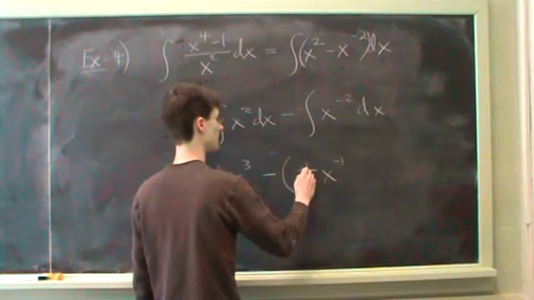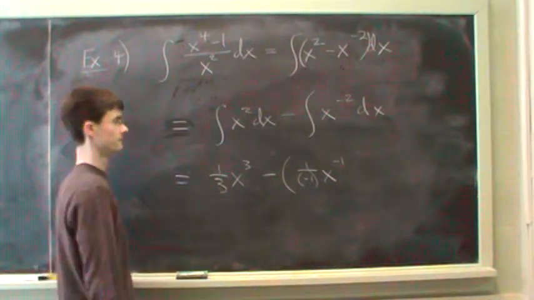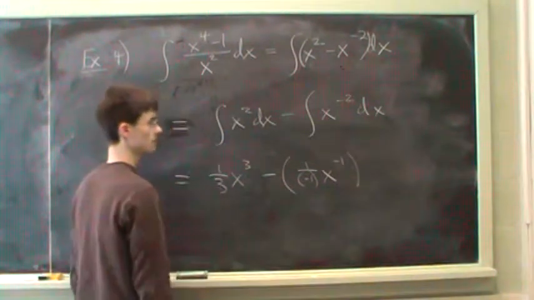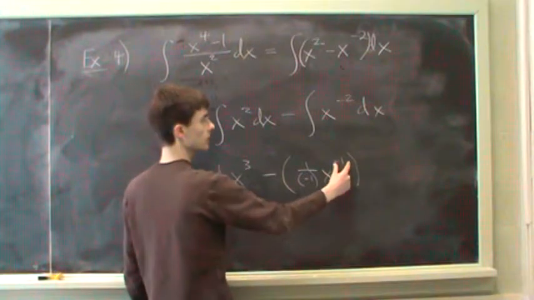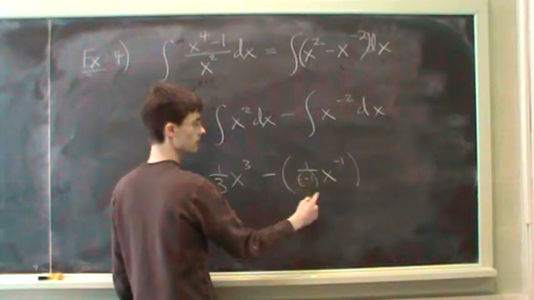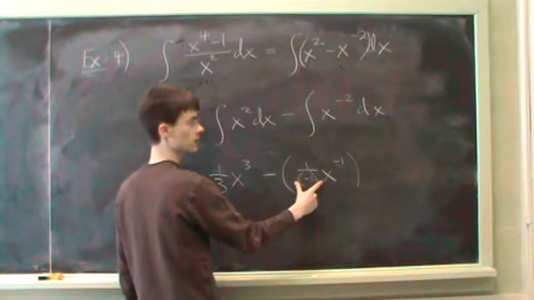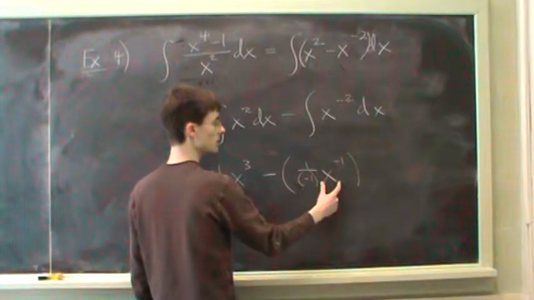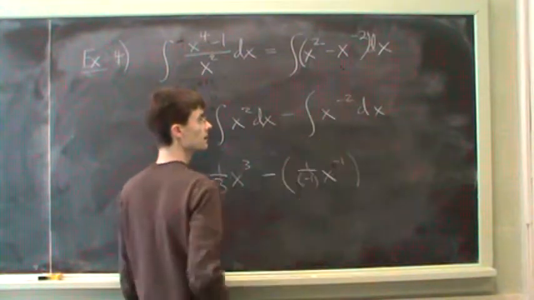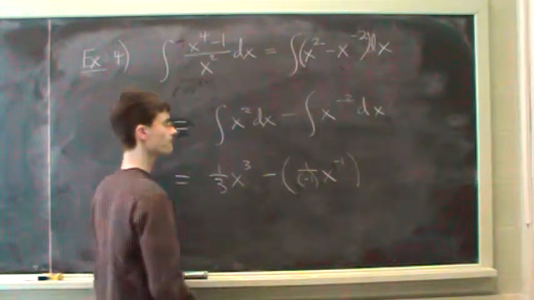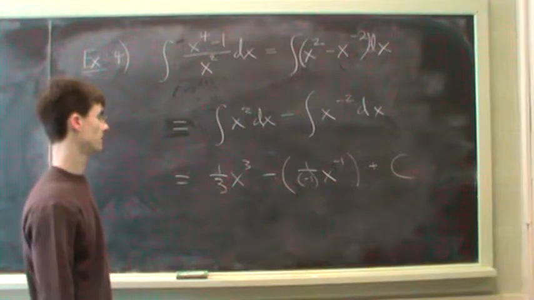And then we have to divide by the new exponent, so that when we apply the power rule for differentiation, we bring down the exponent, which cancels with this term right here. We end up getting a 1 for a coefficient. Then we keep the base the same, reduce the exponent by 1, and we end up with just x to the negative 2. And then finally we have just the constant of integration.